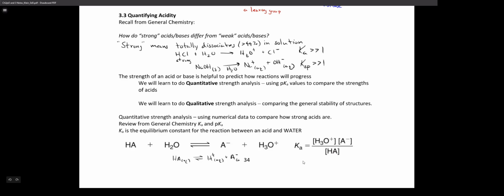That's how I cover it in general chemistry. I use it this way, and I leave out the water. I'll stick with this way for us here. This is the Ka, the acidity constant.